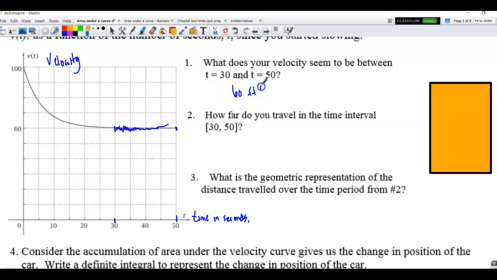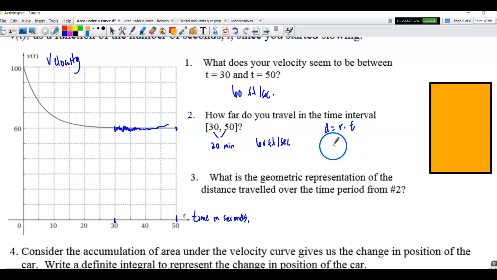60 feet per second. How far do you travel in that time period? Well, we're traveling from 30 to 50, so we're traveling for 20 seconds, at 60 feet per second. This takes us back to middle school. We know that distance is equal to rate times time.